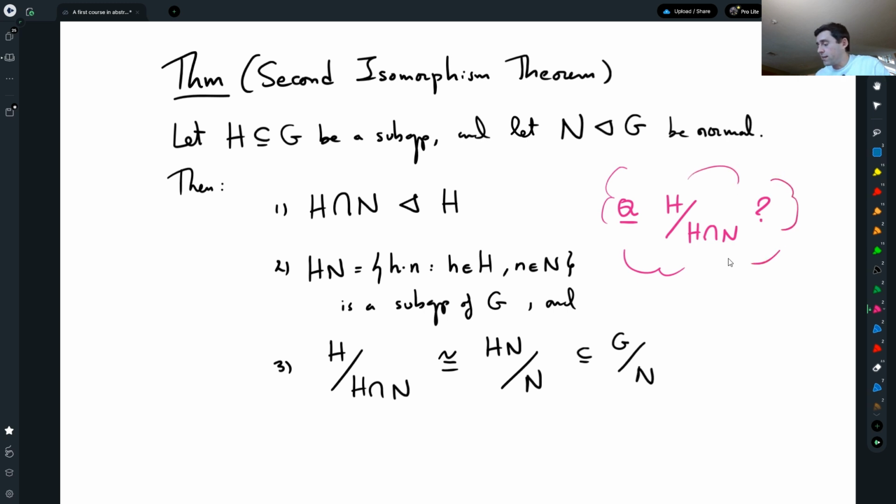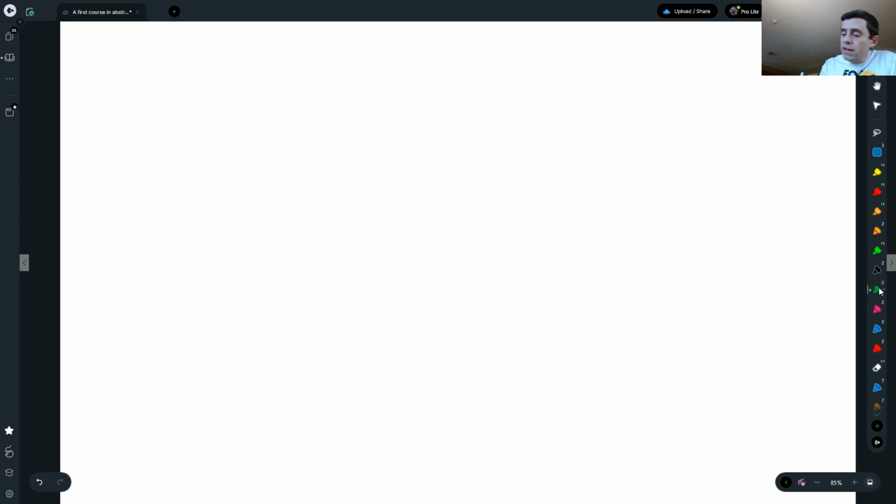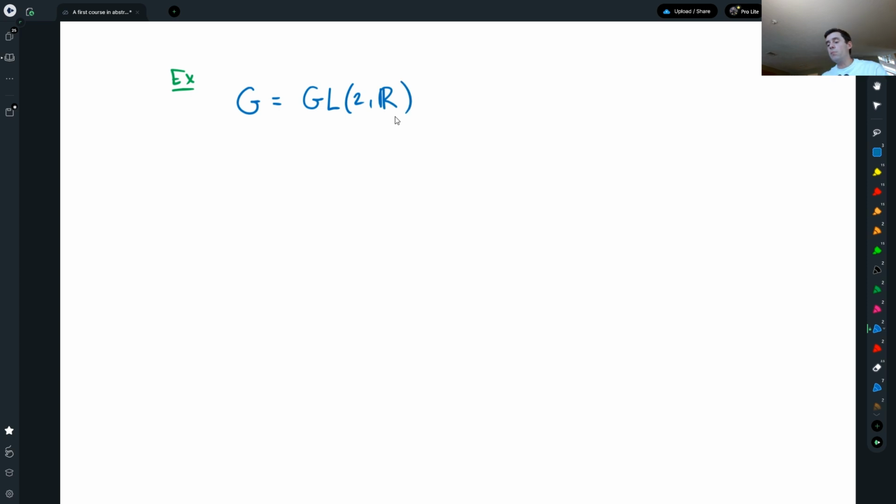So I'm going to give you an example. Let G be GL2(R), the 2 by 2 real matrices with non-zero determinant. H is going to be SL2(R), the 2 by 2 matrices with determinant 1.